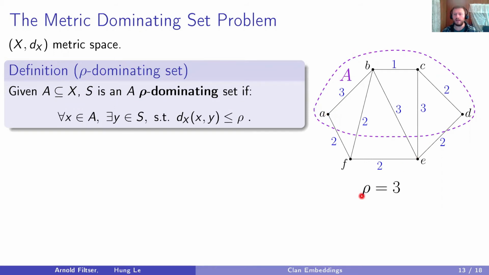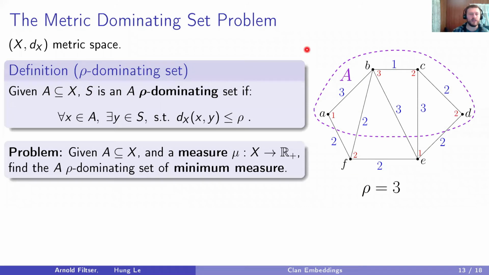The goal is to find a set that will rho dominate A. For example, this single vertex B is a rho dominating set because for every vertex in A, the distance is at most 3 rho from B. This is another example, because again, for every vertex here, the distance is at most rho from this green set S. The goal is, given some set A and some measure mu over the metric points, to find a rho dominating set of minimum measure. And in this example, this will be the optimal rho dominating set.